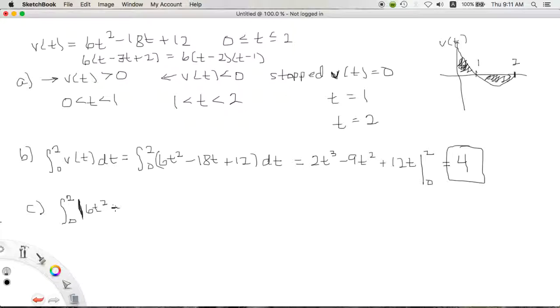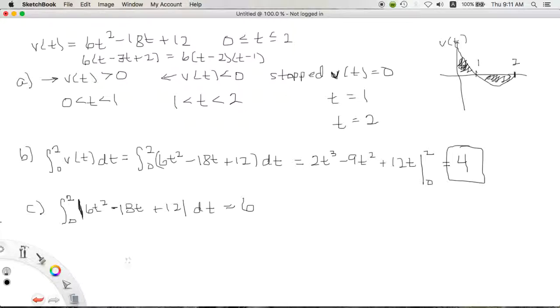So you take the integral from 0 to 2 of the absolute value of this function. When you plug it in your calculator, you should get 6. If you're having trouble getting that, you need to make sure you ask me because you need to know how to find these integrals on your calculator for sure.